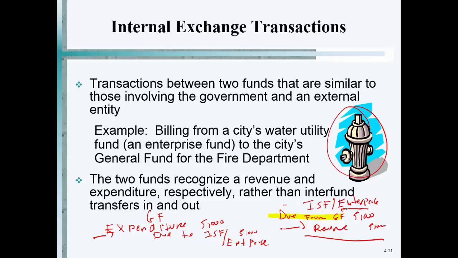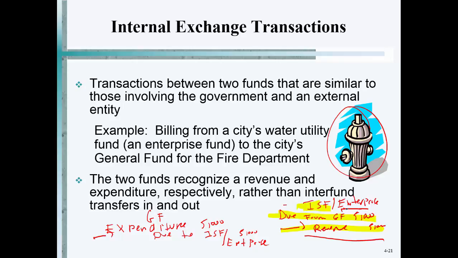Now, if it was the internal service fund that was providing a service, say working on the police cars, and the general fund is going to pay for that, the general fund debits expenditure and credits due to or cash, whatever. In the internal service fund, they debit due from the general fund and credit, again, revenue. This is what they do, isn't it? They provide services to the other funds, and they treat those as revenues.